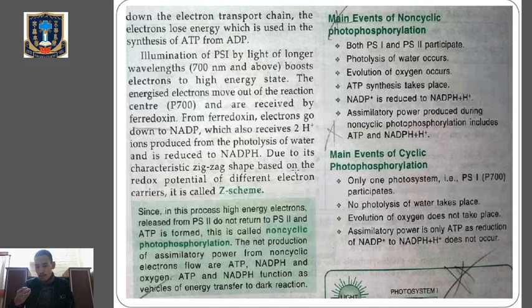Clear? And that electron, very carefully, will move through the reaction center of PS2 and will be accepted by the electron acceptor, pheophytin of PS2, and will move through the electron transport system. While moving down through the electron transport system, energy will be lost and will be utilized for the formation of ATP from ADP.